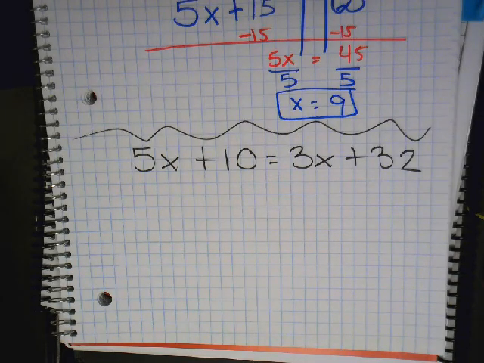Okay, 3x plus 3x. Javier, whatever you're doing, you're distracting Ruben because he's so focused on you instead of me. What's 3x plus 3x? 6x plus 32, and over here, did I just make the problem better or worse?